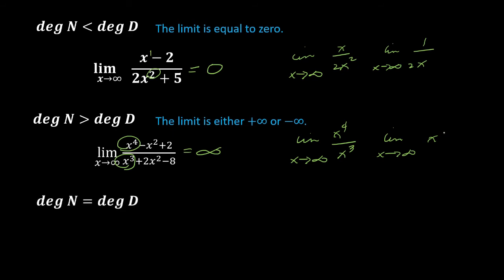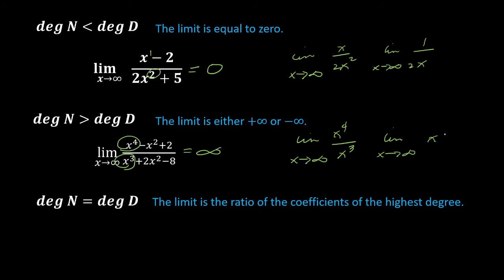And finally, if we have the degree of the numerator equal to the degree of the denominator, the limit is the ratio of the coefficients of the highest degree. For example, 4x raised to 4 has the highest degree in our numerator, and we have 2x raised to 4.